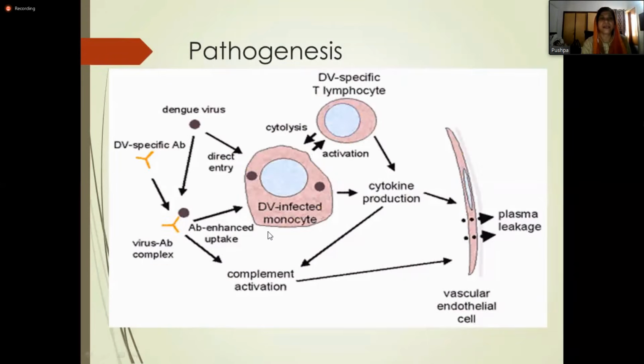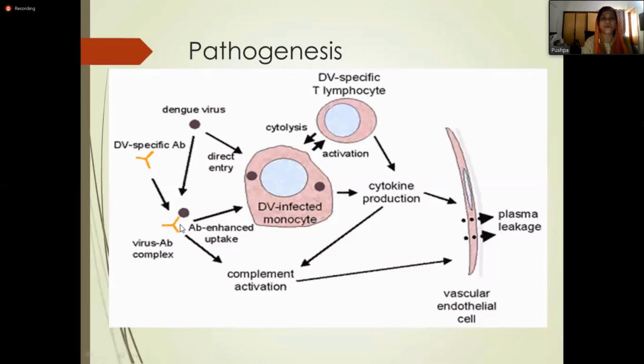You can see dengue fever, direct entry, and what happens is that part of it is presented to T lymphocyte. They stimulate the B lymphocyte. There is a production of antibodies, and along with it, there is release of cytokines.